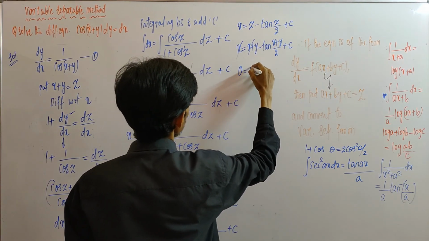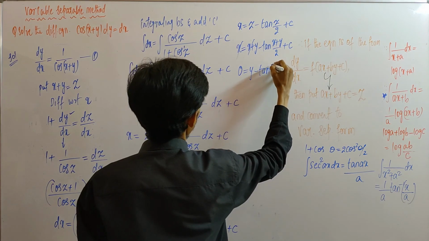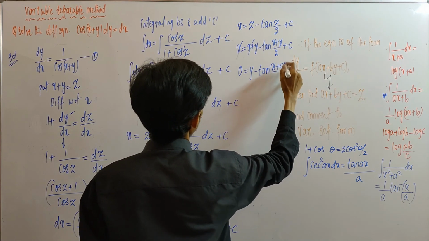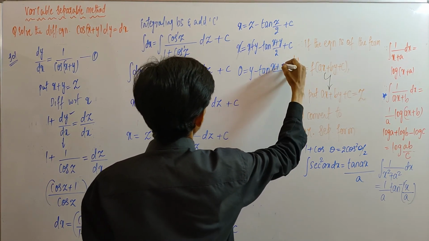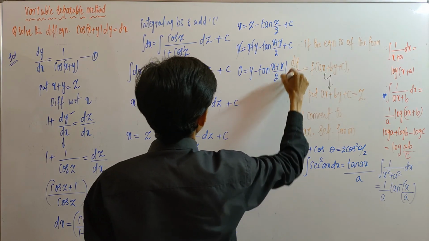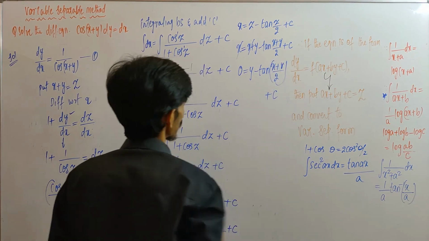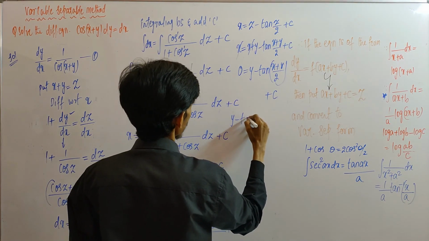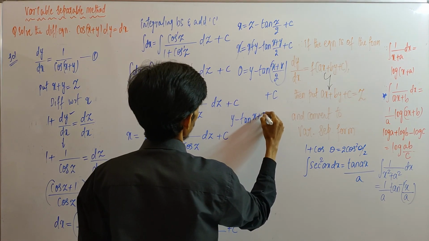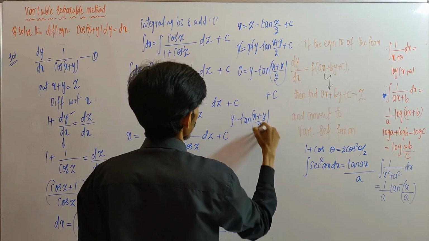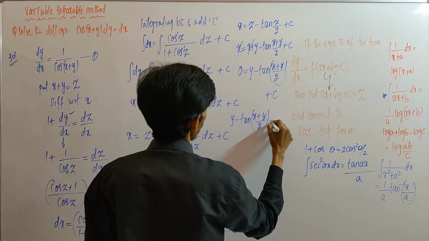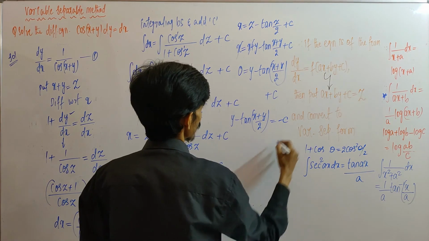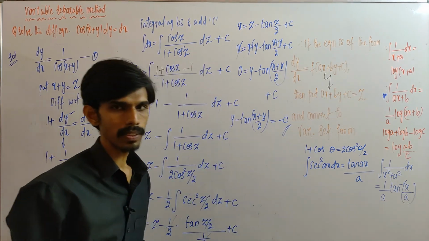We have 0 is equal to y minus tan of (x plus y) by 2 plus c. So this can be written as y minus tan of (x plus y) by 2 is equal to minus c. This is the solution of this question.